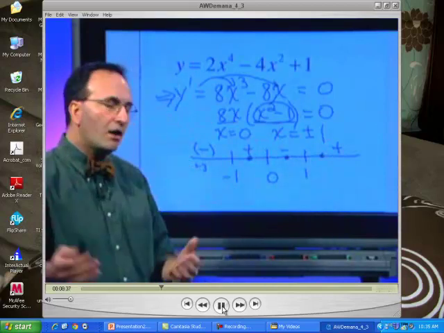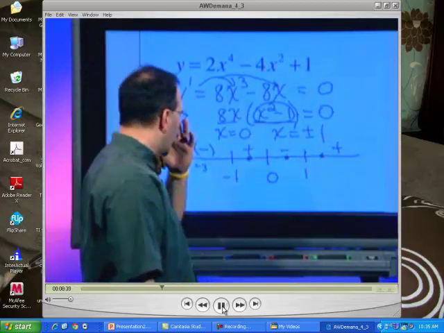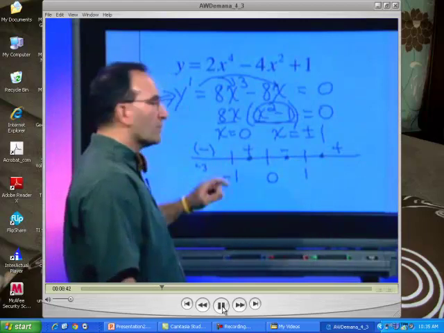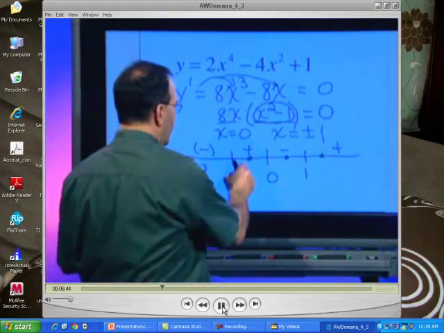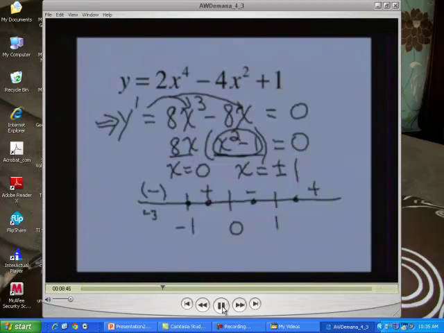Well, what does that all mean? What it tells us is that at x equals negative 1, this point right here, and I'm going to just sketch something for you, we're going to have some kind of local minimum. And at x equals 0, because it's changing from positive to negative, we're going to have some kind of local maximum.